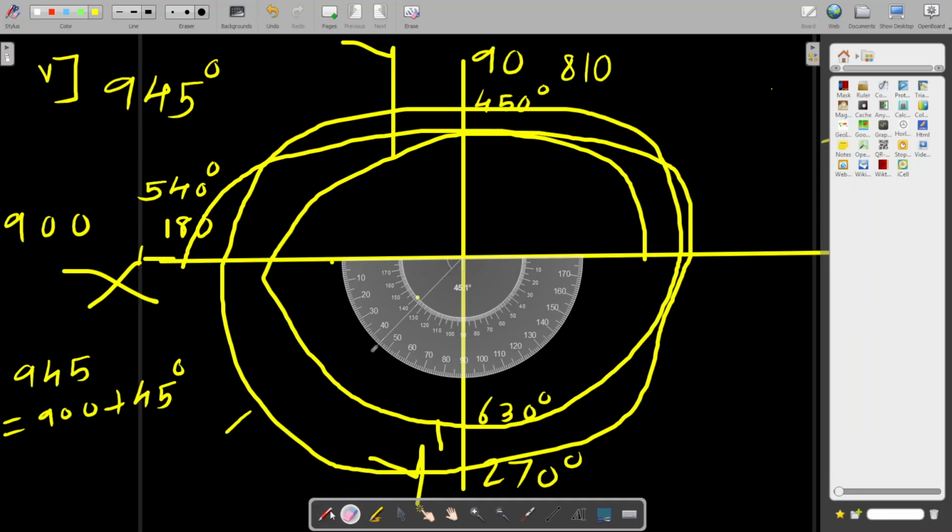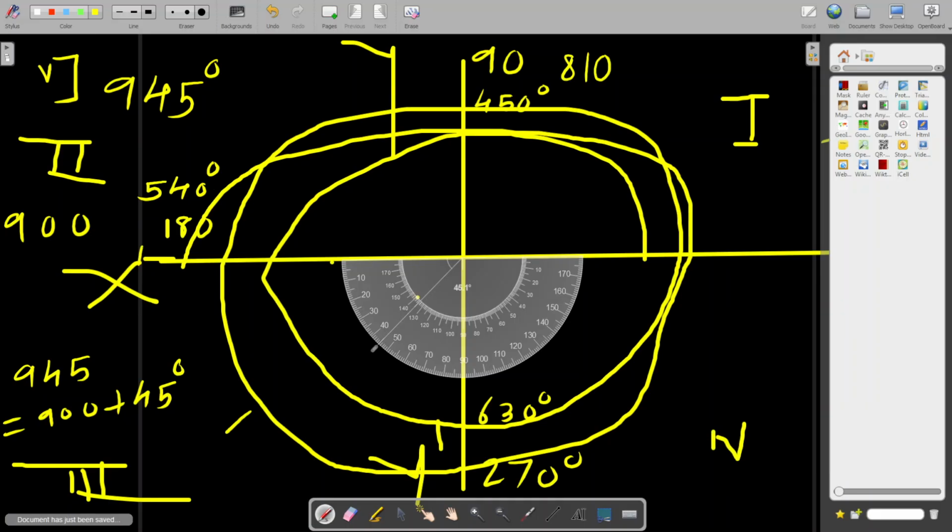Just a minute. This is your first quadrant, second quadrant, third quadrant, fourth quadrant.